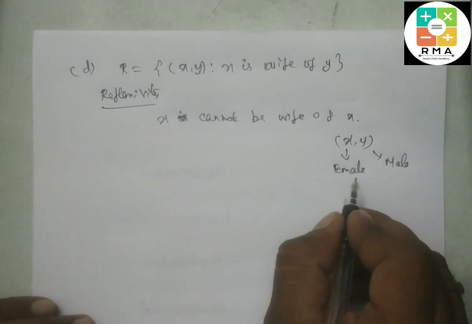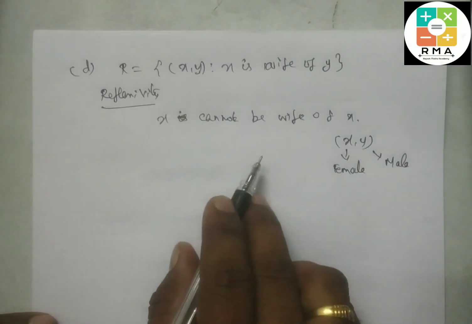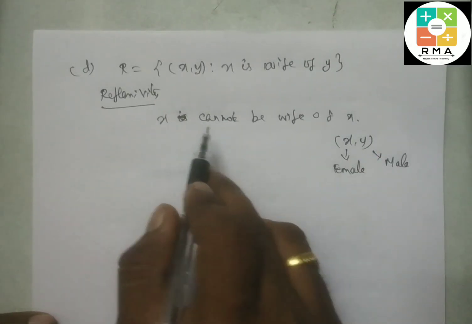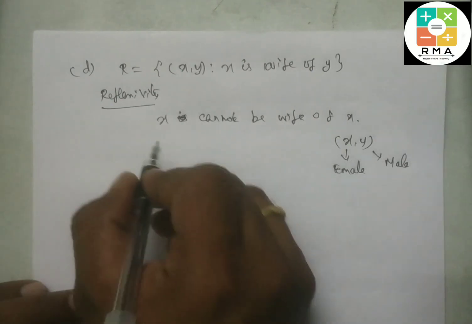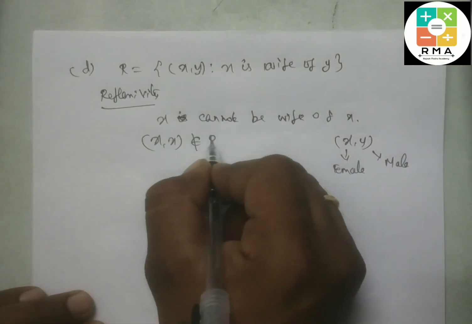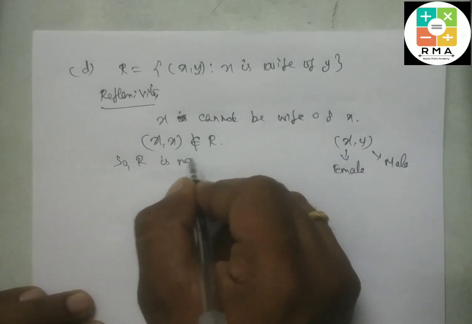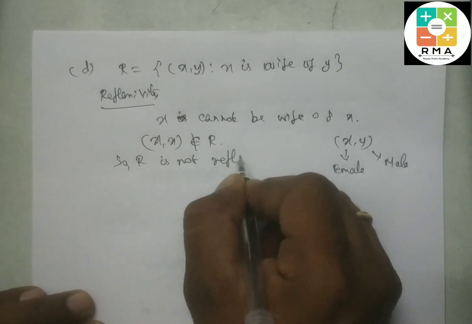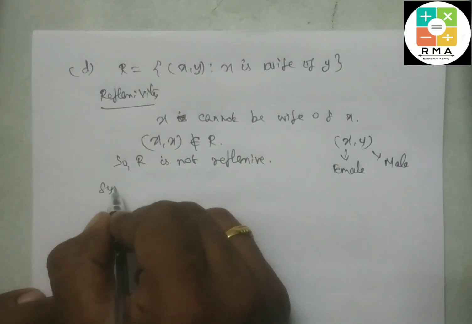Clear? Then only we can say that x is wife of y. Like that, the relation we have to take. But here, if we are taking (x, x), it means both are the same. A person cannot be wife of himself, so clearly (x, x) does not belong to R. So R is not reflexive. What about symmetry?